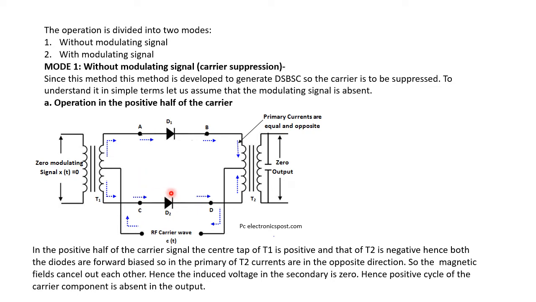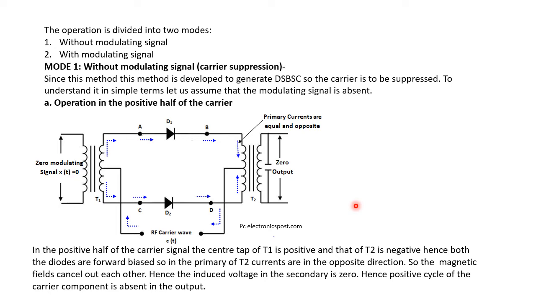In the normal operation of the chopper modulator, we apply the audio signal or the modulating signal across the primary of the transformer T1 and the RF carrier wave across the center tapping of the transformer T1 and the transformer T2. This arrangement is for the normal operation of ring modulator.